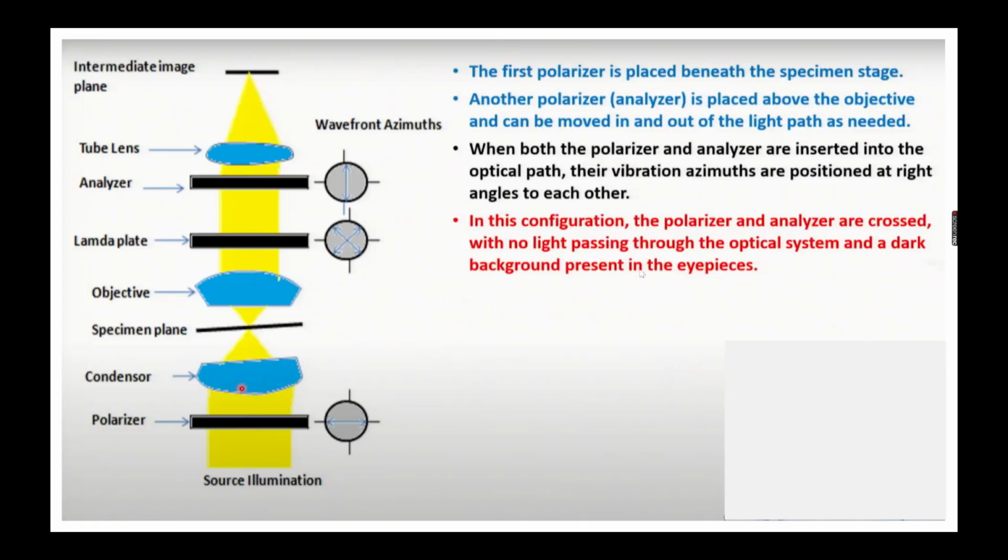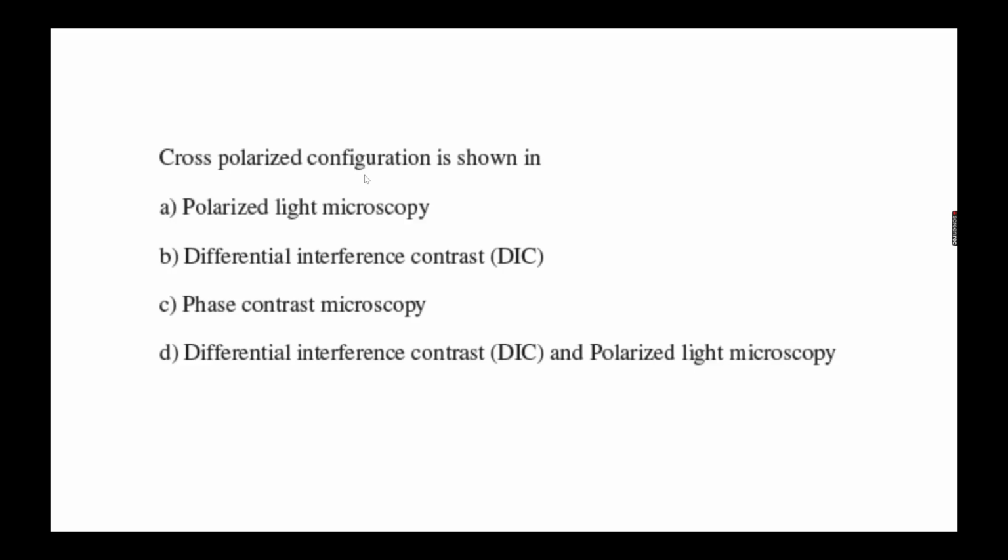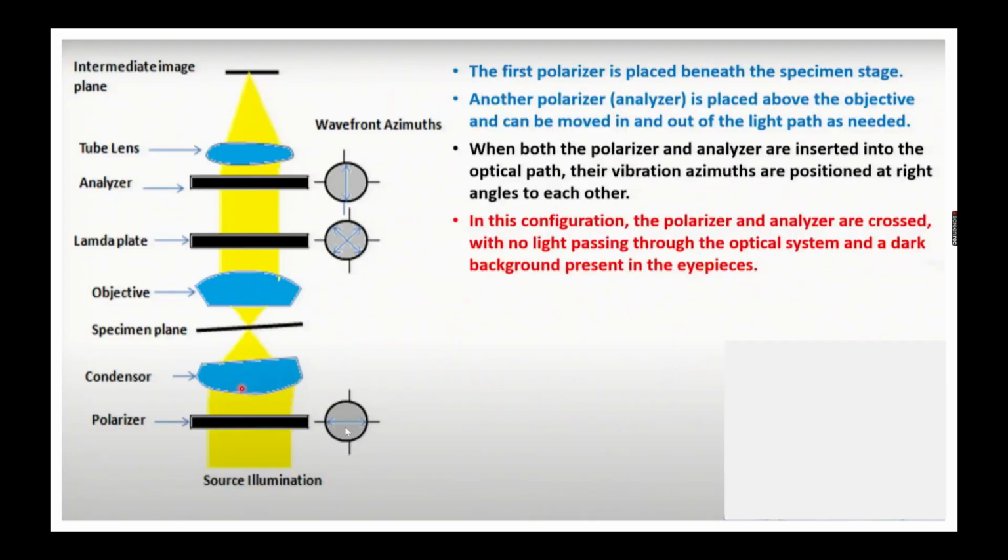In this configuration, the polarizer and analyzer are crossed, with no light passing through the optical system and a dark background present in the eyepiece. So cross polarized means the polarizer and the analyzer have perpendicular directions.